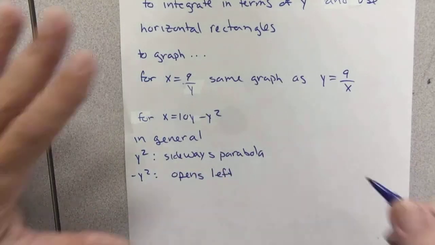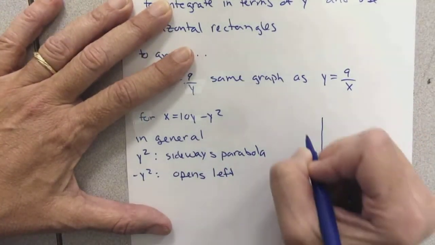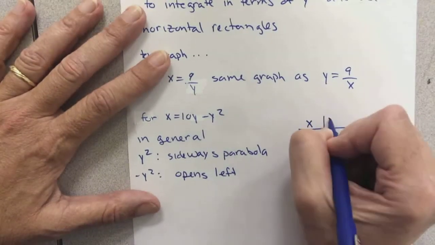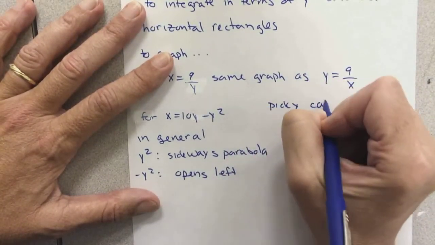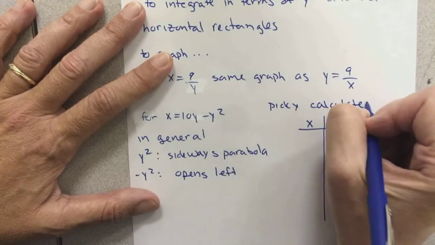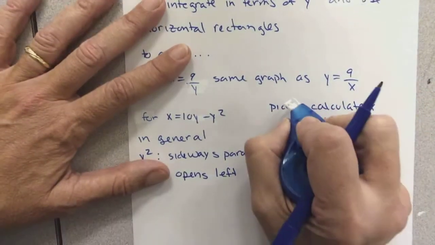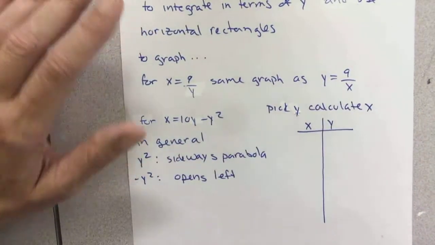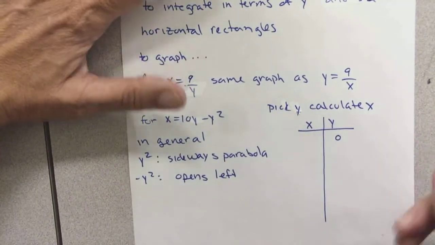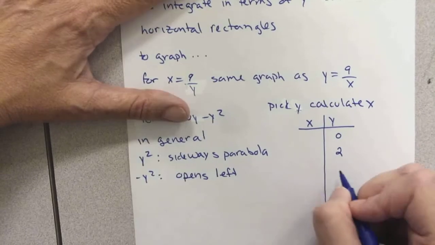So since I haven't spent the time, I'm going to go with the old-fashioned t-chart, x and y, where I pick y and calculate x. I did this before I came to class so I wouldn't look foolish on the video.